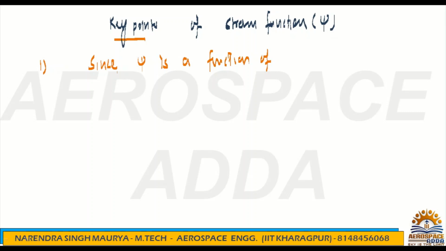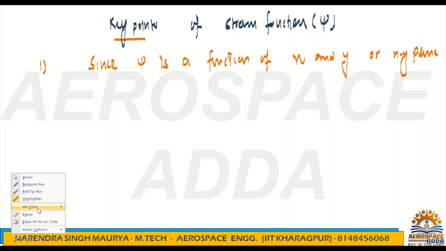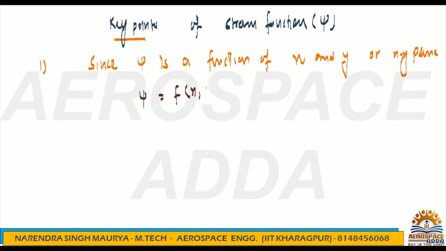Okay, so since psi is a function of the xy plane, I can say x and y. Then you can write the stream function psi is a function of x comma y.